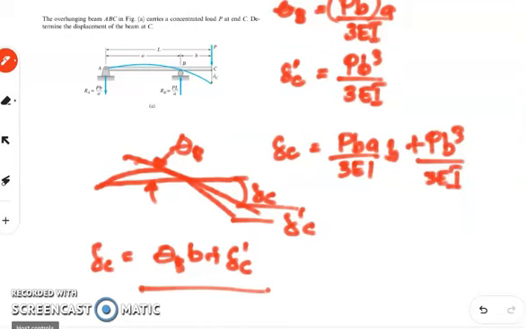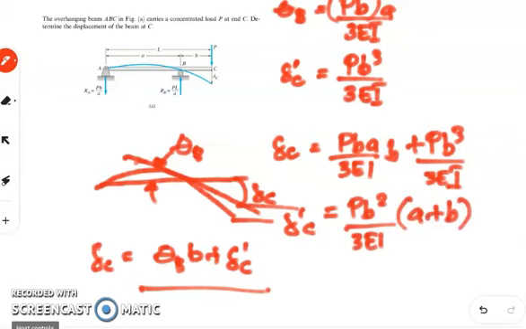Simplifying further, you have PB squared all over 3 EI times A plus B. So our delta C, which is the displacement at point C, is equal to PB squared L all over 3 EI.